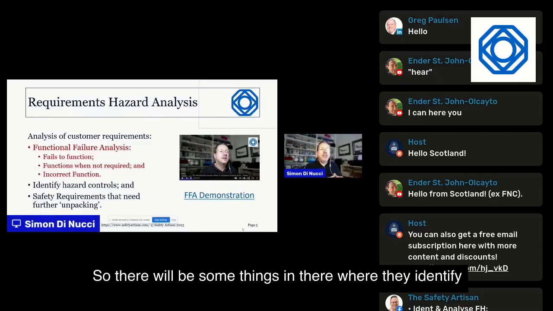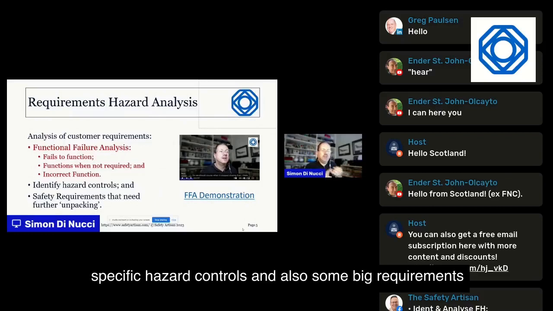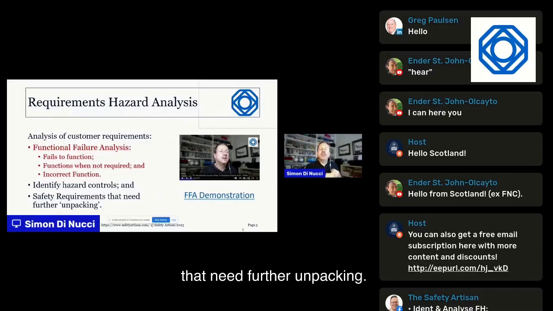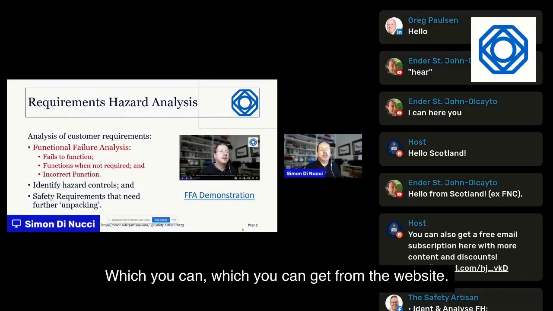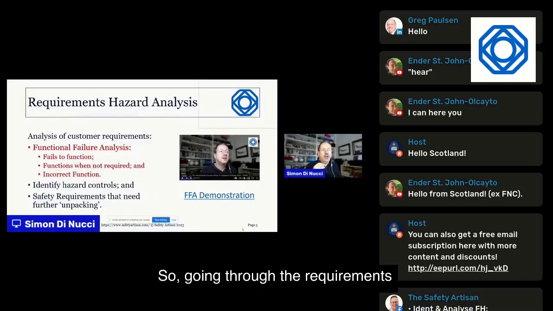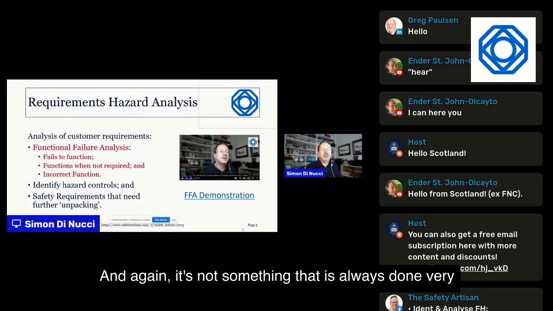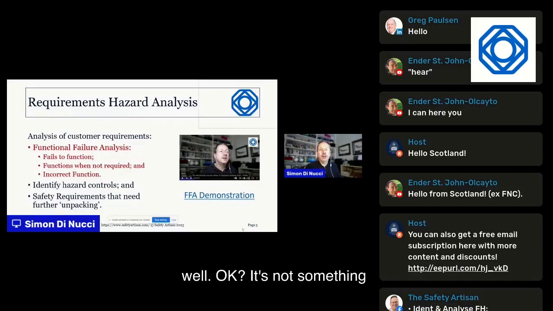So there will be some things in there where they identify specific hazard controls and also some big requirements that need further unpacking. Again, I talked about all of this in the previous session, which you can get from the website. Going through the requirements is a very valuable exercise, and again, it's not something that is always done very well.